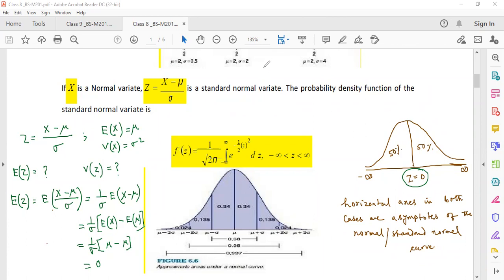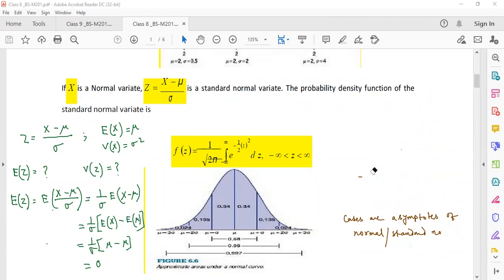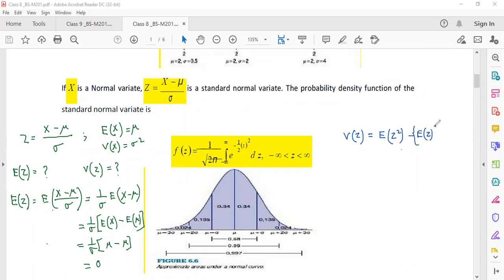I'm going to erase the right hand side. I hope that you have already copied it. Okay, now V(z) can be written as E of z square minus E(z) whole square, but you already know that E(z) is 0.